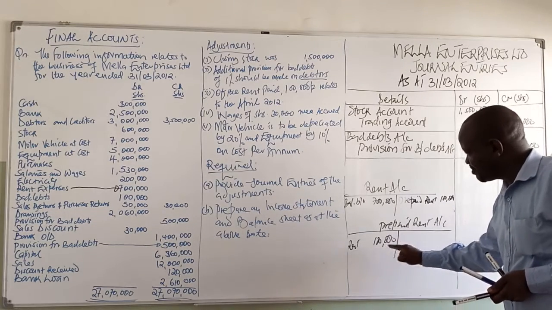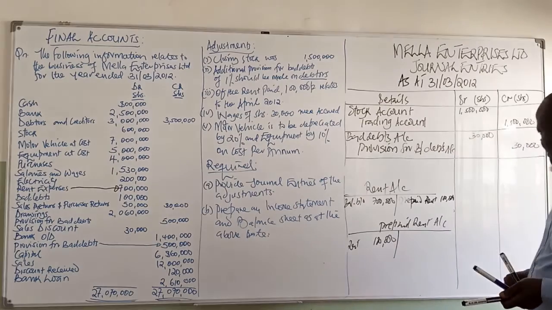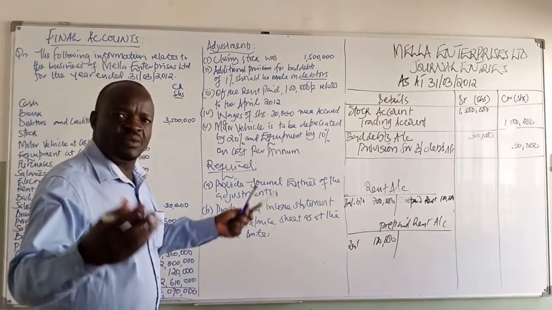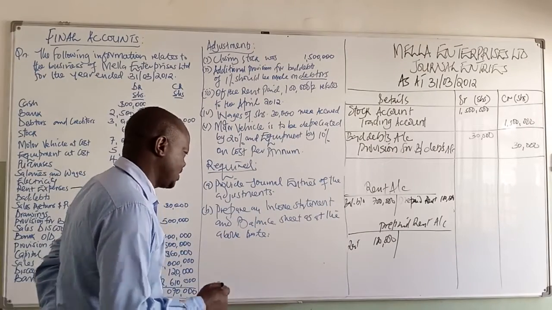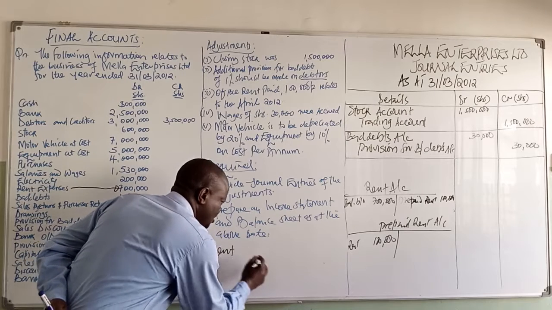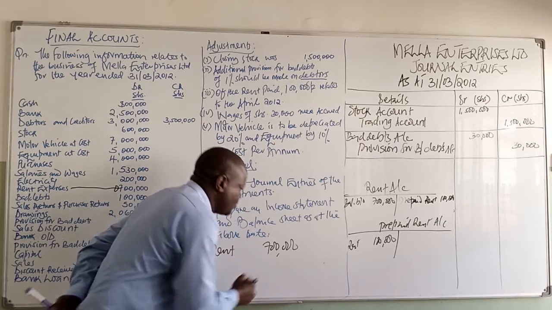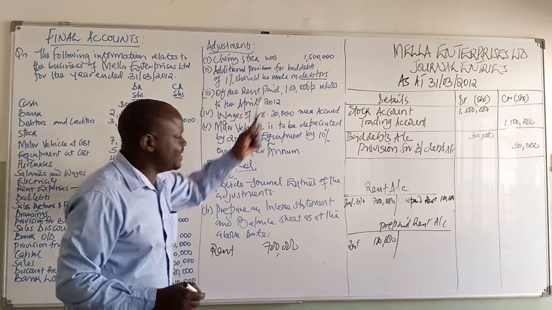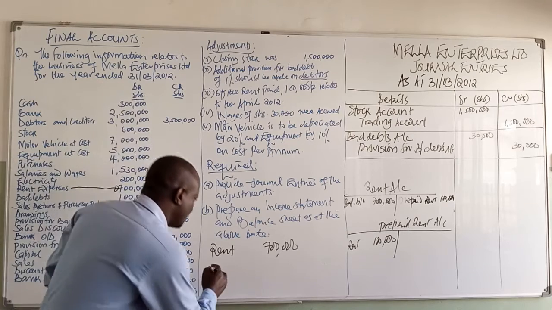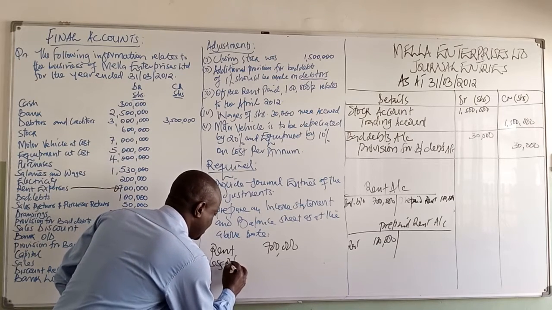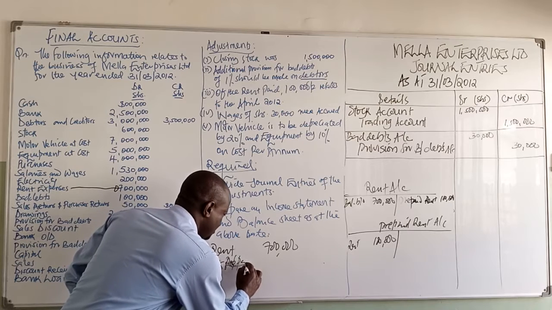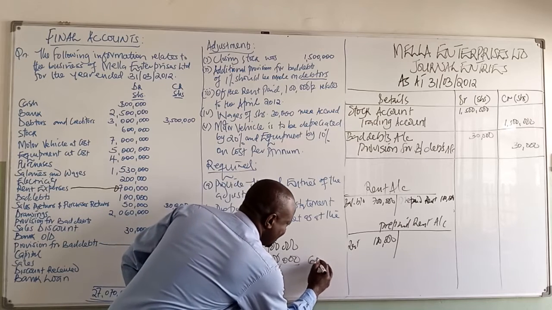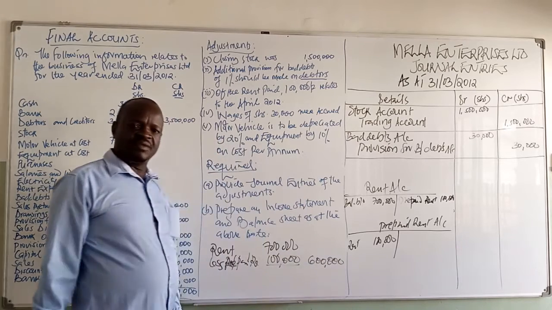And then when we go to prepaid rent account, we shall debit it. It's like when we are preparing the income statement, we have always seen where we said less operating expenses. We always write and say rent 700,000, like that before. But because we have rent prepaid, we have always said that when it is prepaid, we say less prepaid rent of 100,000, such that here we remain with the rent for that year to be 600,000.